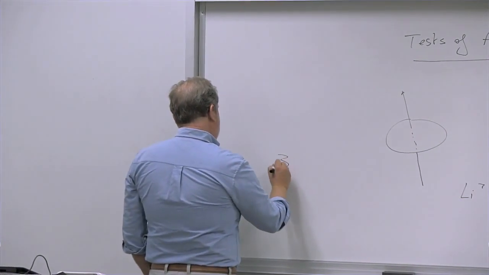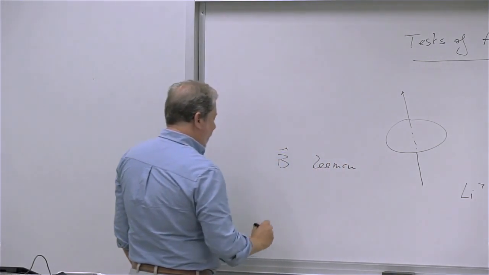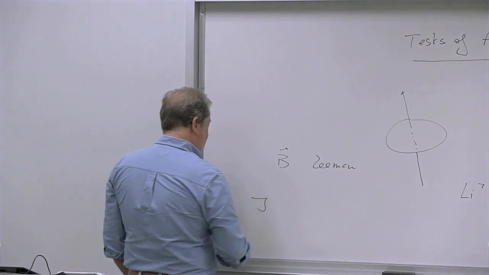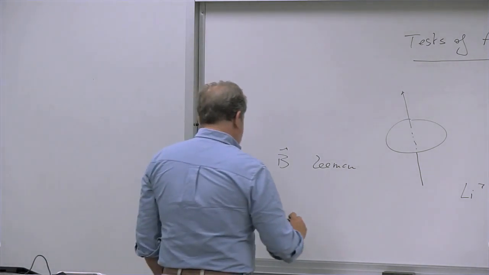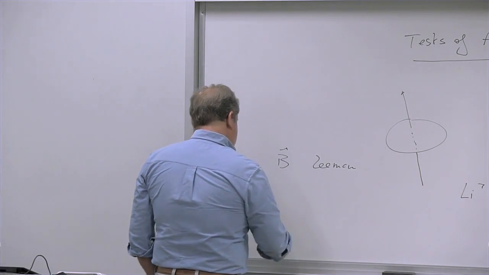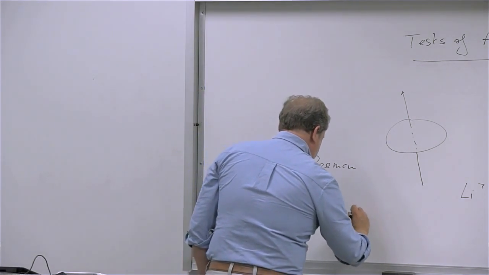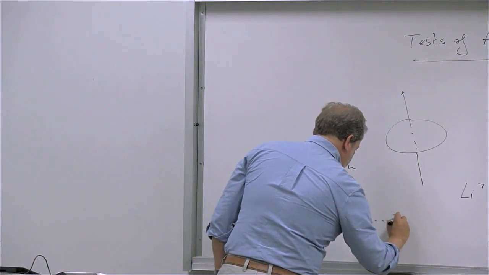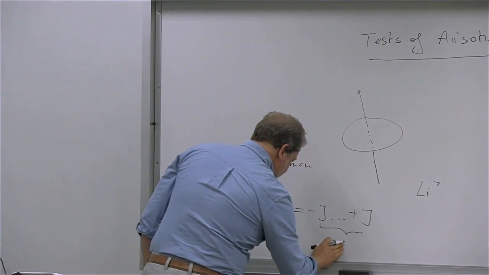You remember that if you have a B field, then you have a Zeeman effect, and if you're dealing with a level characterized by total angular momentum J, the J_z component will be between minus J all the way to plus J, and so you will have 2J plus 1 levels.